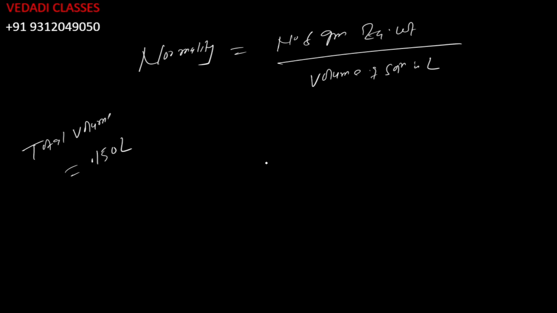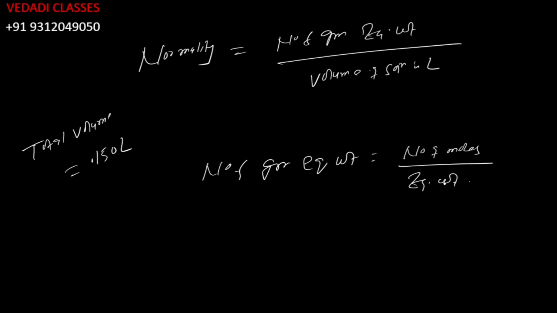The number of gram equivalents is equal to number of moles upon equivalent weight, isn't it? There is one more easy way I want to explain, but here for the resultant you have to follow the stepwise method.